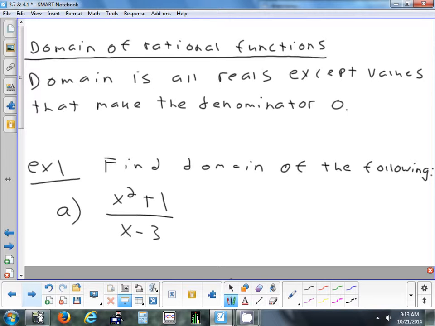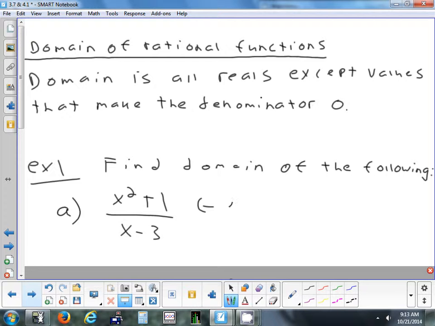We're looking for any values that would make the denominator 0, which you want to exclude. Julia, do you see any values here that we have to make sure we do not use? 3. So the domain is every number except 3.